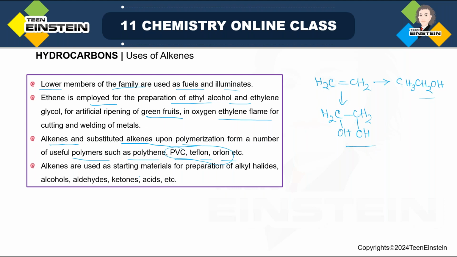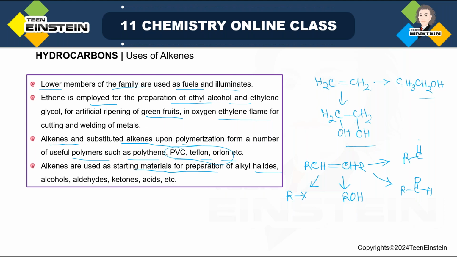Then alkenes are also the starting materials for some other important organic compounds. For example, alkyl halide. Starting from alkenes, this is the general structure of alkenes, we can prepare alkyl halide. That means we can prepare RX where we have some alkyl group and there will be a halogen. Then we can make ROH, that means alcohol. Starting from this we can make aldehyde. Then starting from this we can make ketone.